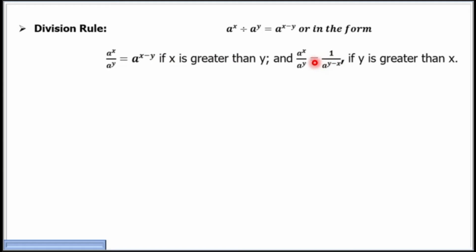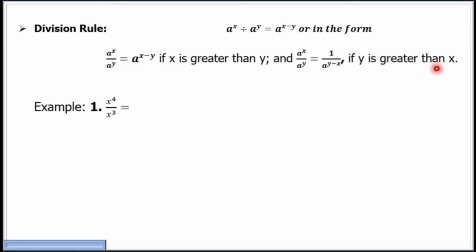Diri if mas dako ang value ni y which found on the denominator, kay gibalhin man ni nato ang numerator diri sa denominator. So ang nabilin diha 1 over a raised to the power of y minus x if y is greater than x.